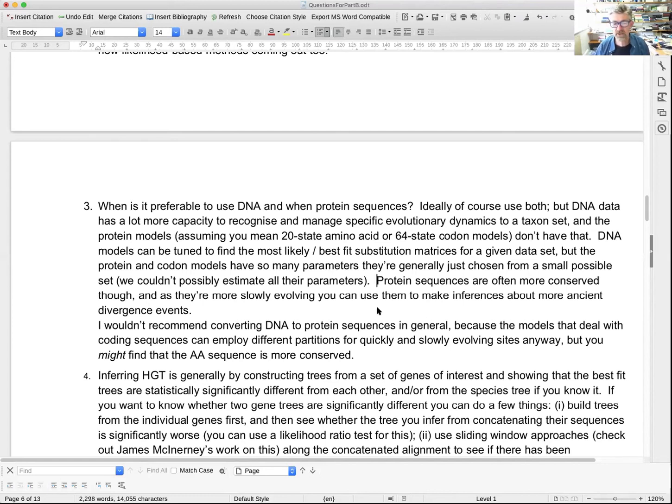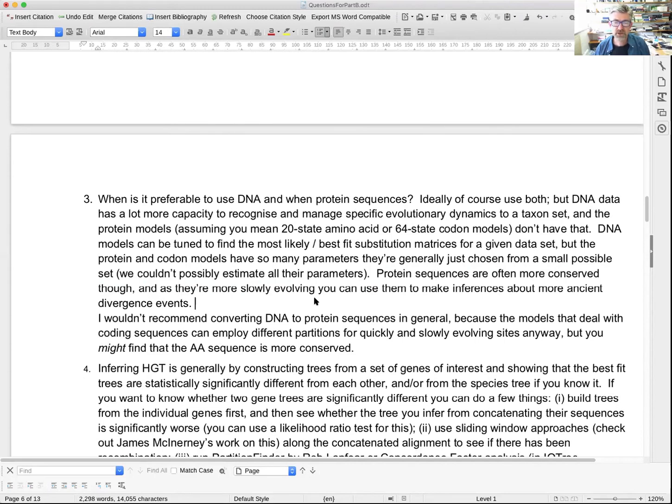In that situation, you might still want to use protein sequences, even with the disadvantage that you can't fit the substitution matrix to your data. You just have to pick one. Protein sequences can be extremely well conserved, so if you're trying to answer a question about the systematics or phylogenetics of a really old clade, that might be a valid way to do it.